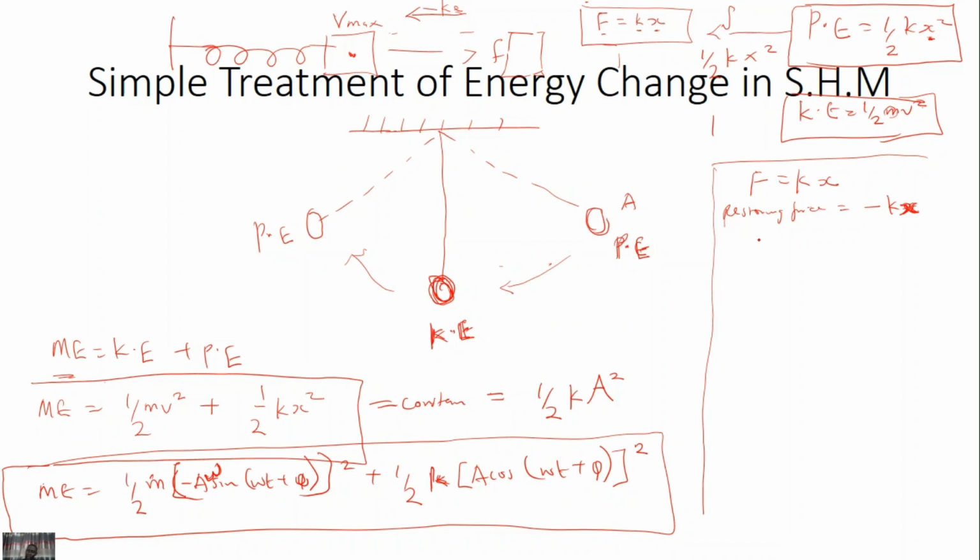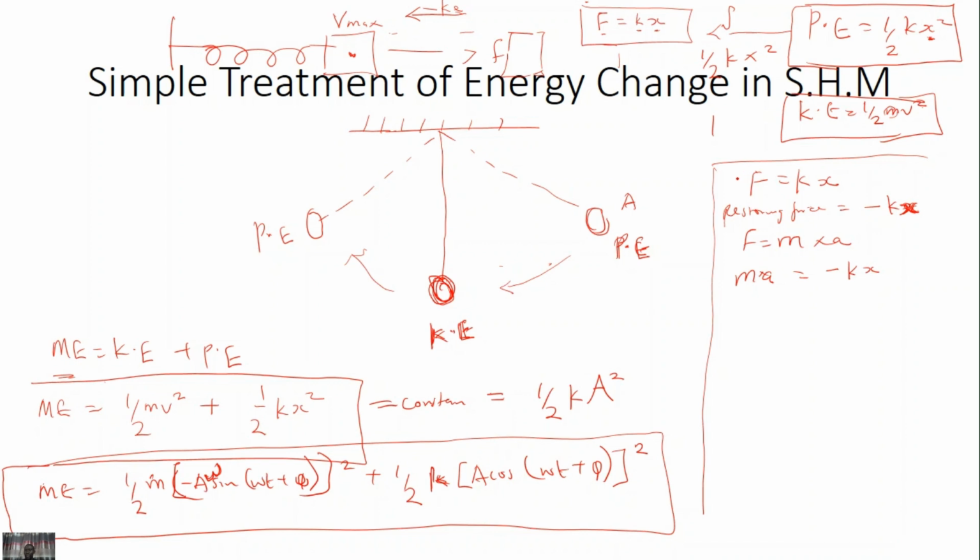Okay, and also recall that in Newton's second law of motion, force is equal to mass times acceleration. Okay, so if we say mass times acceleration is equal to minus kx.